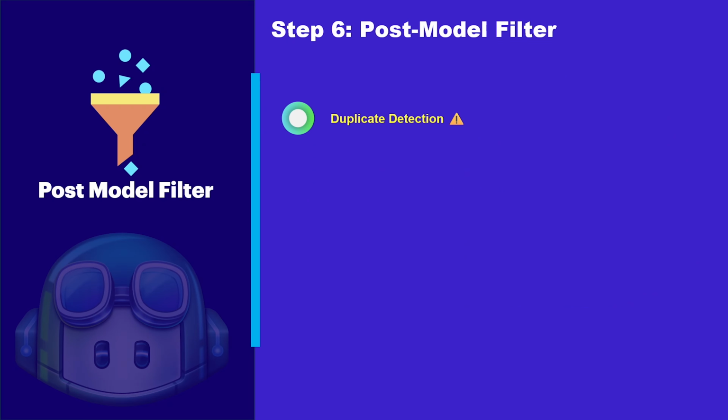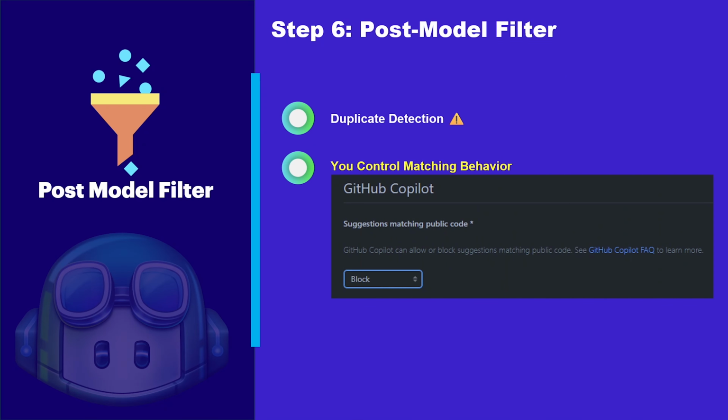In settings, the suggestions matching public code option lets you block exact matches, lowering potential risk. These filters are often triggered by common code patterns like a login form, sorting function, or API call. Flagged suggestions are replaced with new ones. With post-model filtering, GitHub Copilot ensures your suggestions remain safe, useful, and unique, aligning with your project's needs and values.